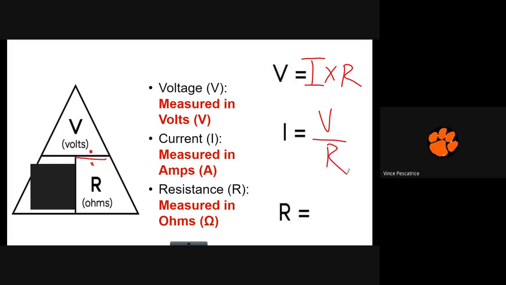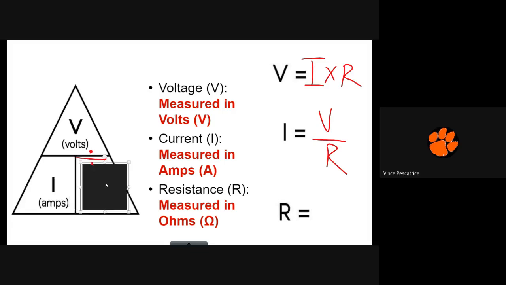And then finally, you can slide this box over and you'll see you'll have the same thing. If you have the voltage and the resistance and you cover up the R, like in this box, you'll have V literally over I. So your voltage divided by your current would make your resistance.